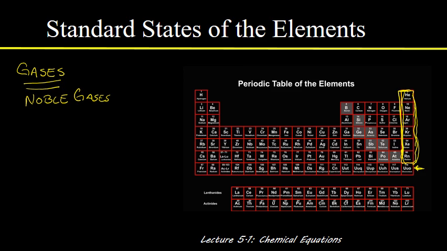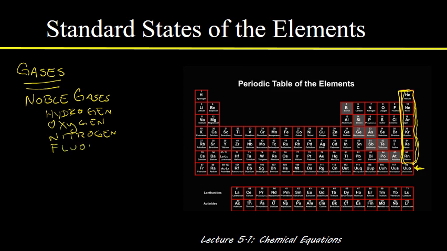Right? And then the other gases are things that you are either very familiar with or somewhat familiar with that you should recognize as gases. Right? And those include hydrogen, oxygen, and nitrogen, which you should be pretty familiar with.